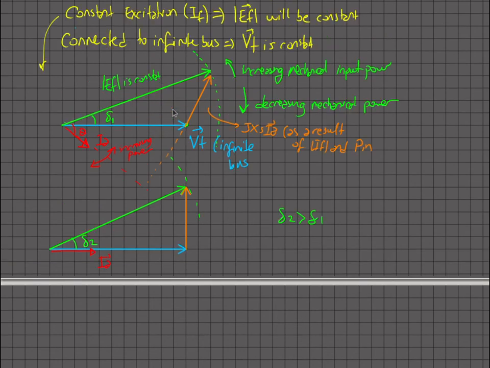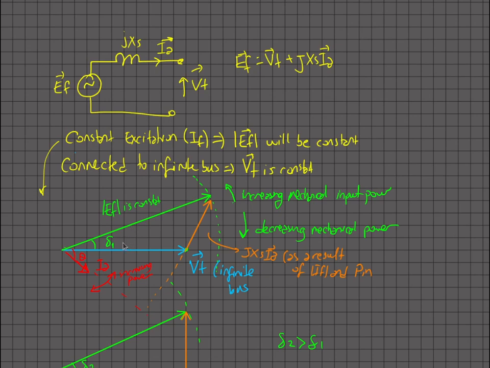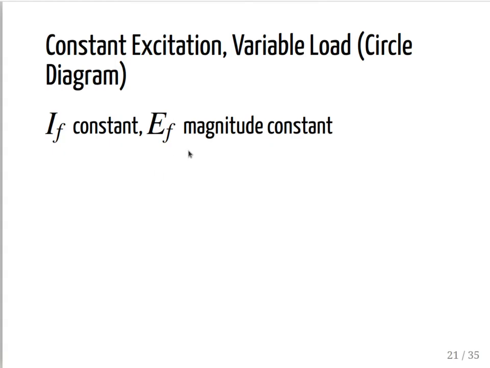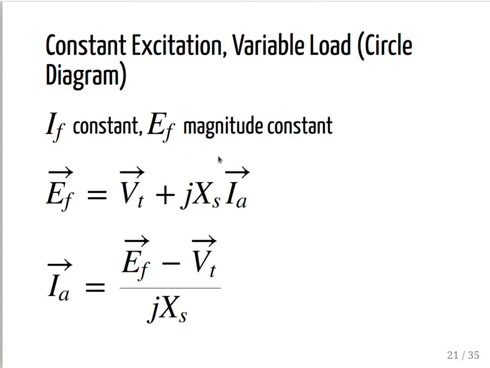That is called the constant excitation mode, so IF magnitude constant. Mathematically, VT is constant, EF can be constant, so you can subtract these two and find the amount of current that is going to flow through the machine.